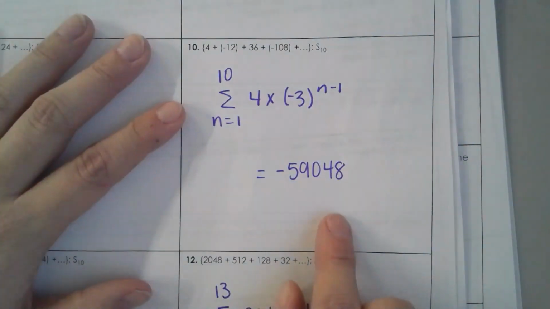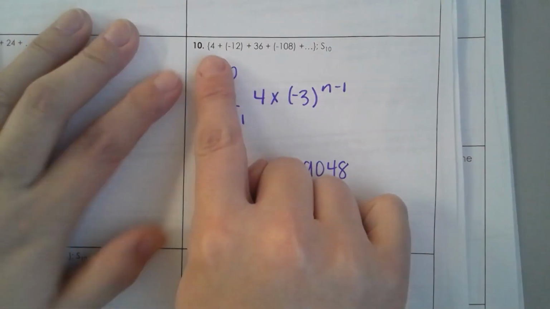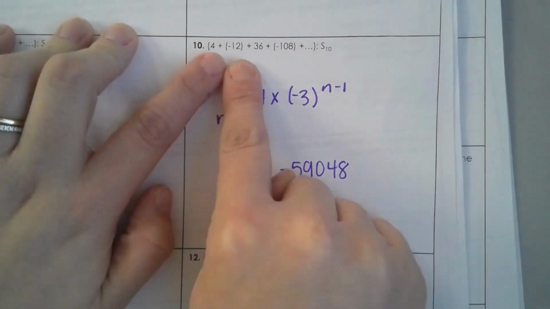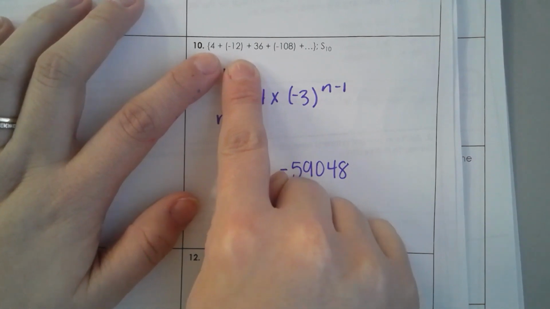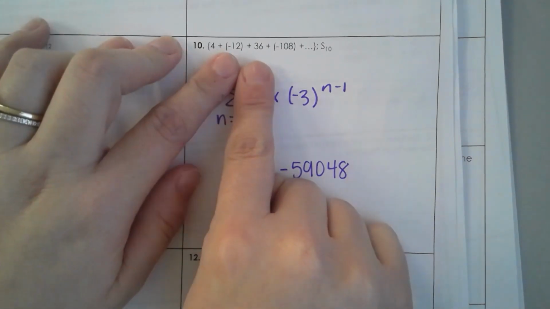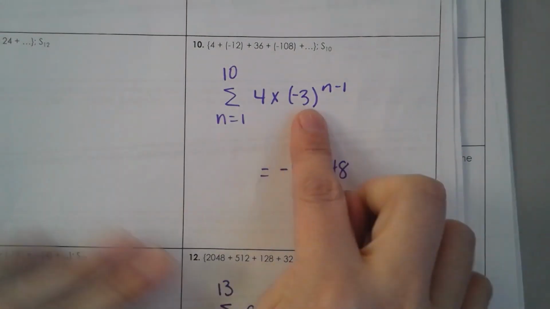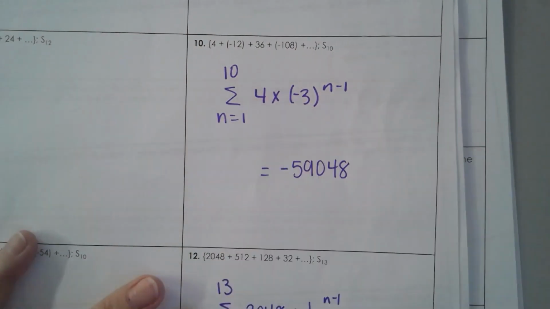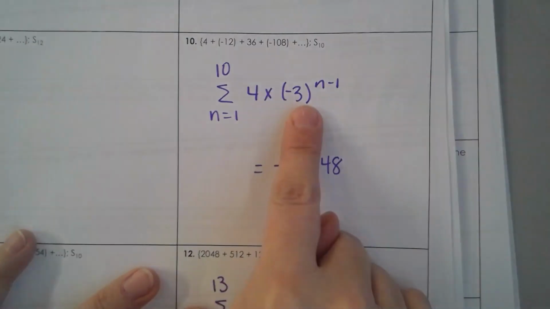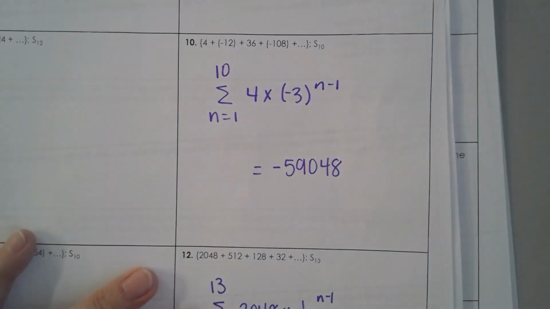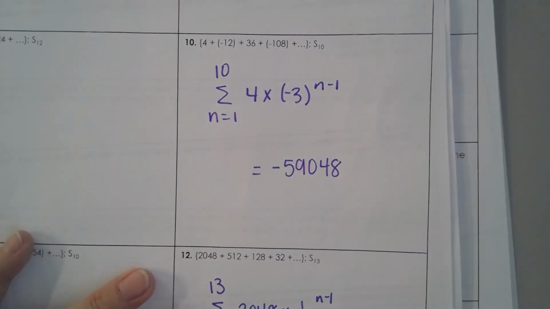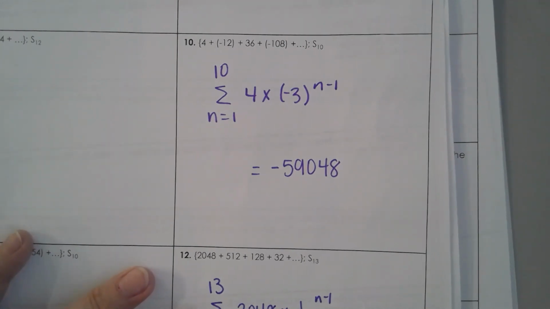Number 10. From 4 to negative 12 to positive 36, you're multiplying by negative 3. So your ratio is negative 3. And we get an answer of negative 59,048.